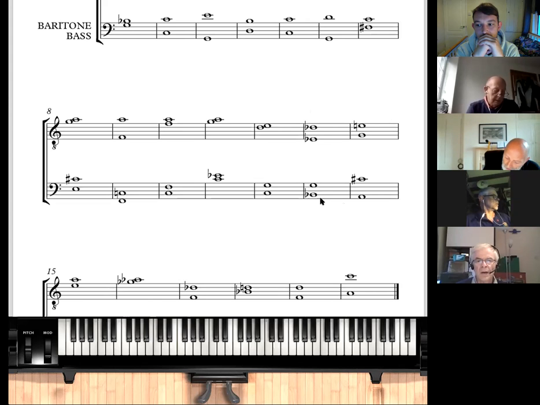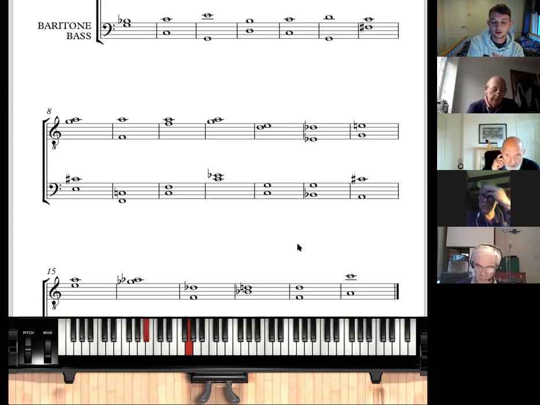So is that not an E flat 7? It is an E flat 7, yeah. Root, 3rd, 5th, 7th.